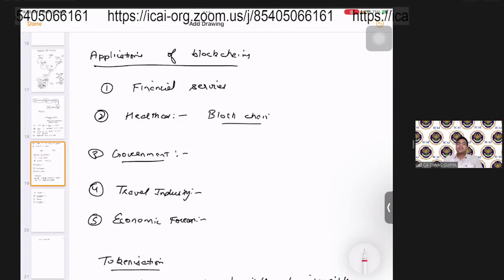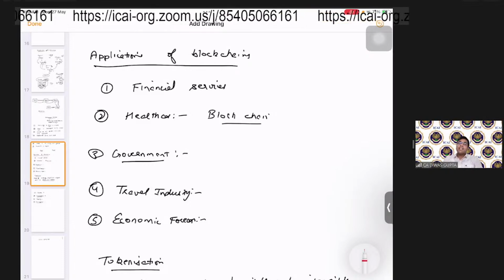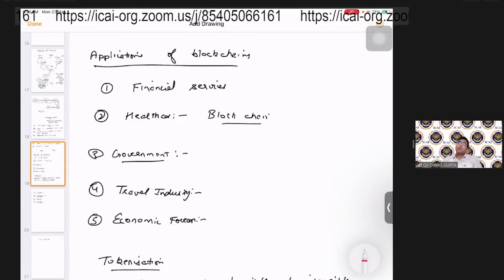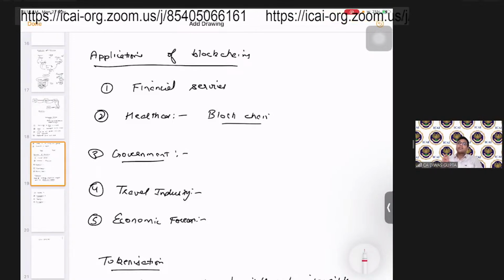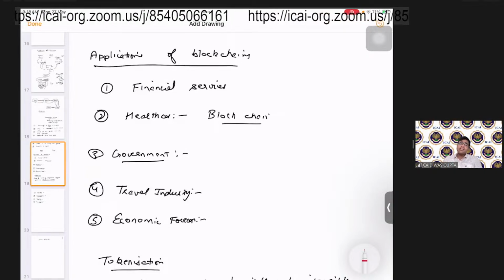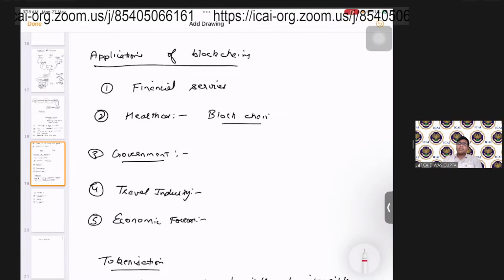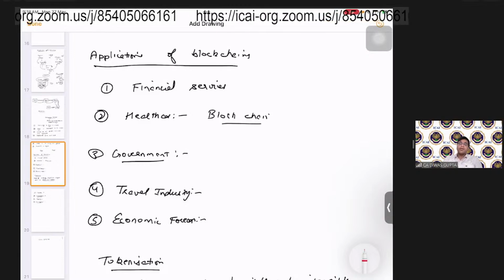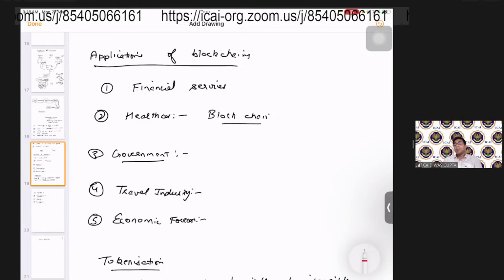Second is healthcare. In the case of healthcare, the important documents regarding the reports, the diagnostics, the consultant's prescription, everything can be added to that block and kept for that particular patient.